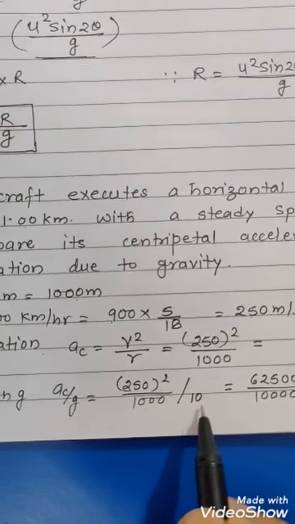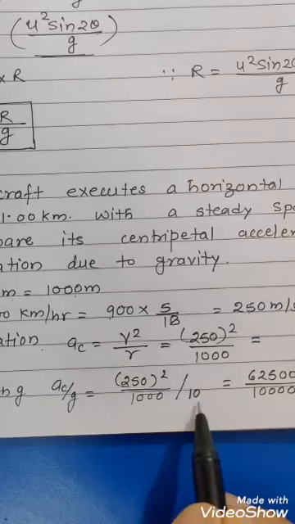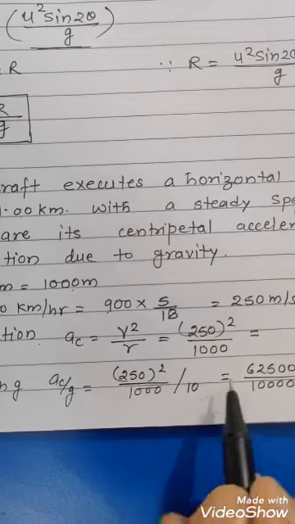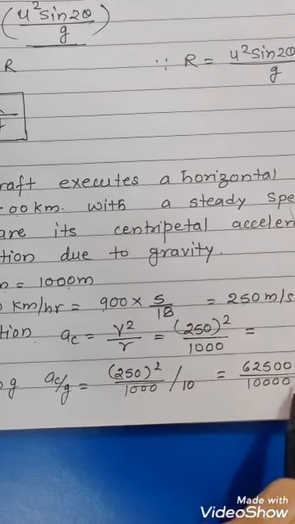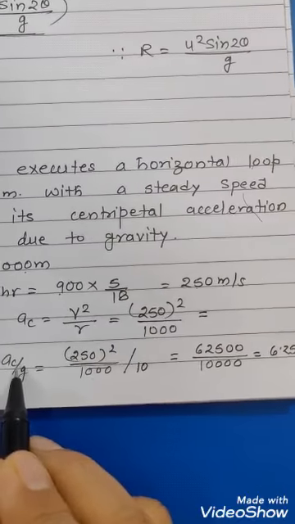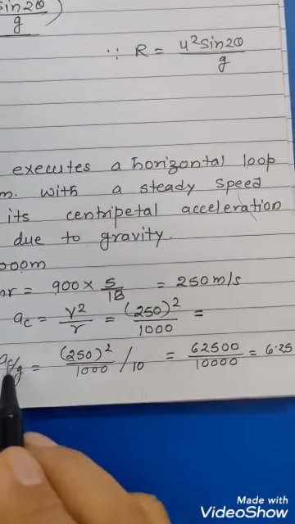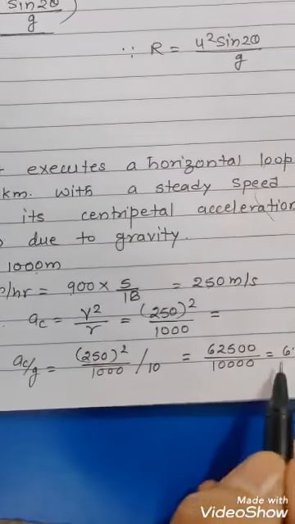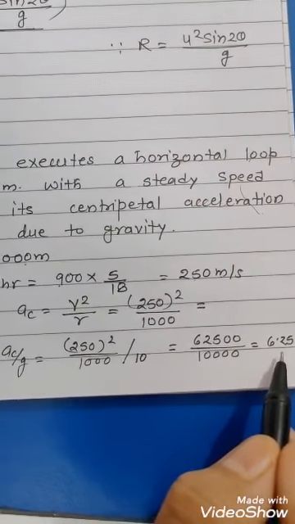A little bit of change is there in the final result, that means in the decimal only, so I have taken here 10. If you calculate it, it will come 6.25. That means the ratio of the centripetal acceleration and the acceleration due to gravity will be equal to 6.25 here.